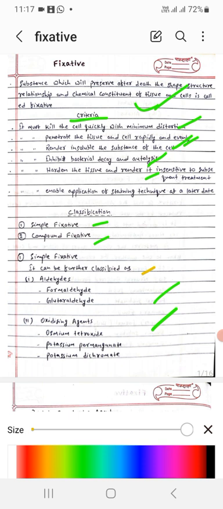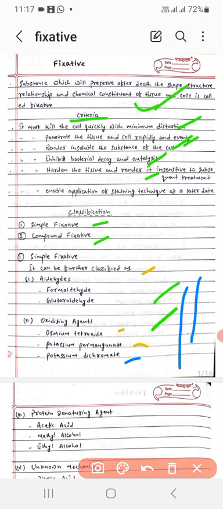Number 2, oxidizing agent. The various oxidizing agents we use are osmium tetroxide, potassium permanganate and potassium dichromate. Next page.